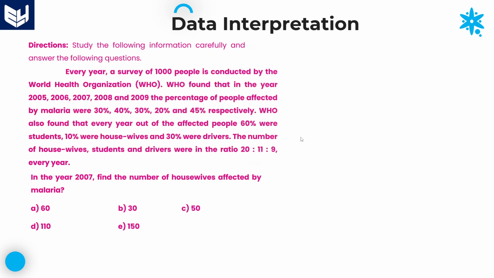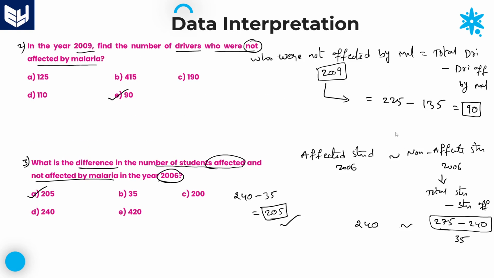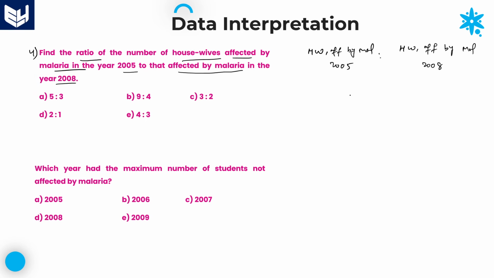Once go back to the previous slide. Here 2005 housewives who are affected by malaria, 30. In 2008 housewives who are affected by malaria, 20. 30 and 20, that ratio you need to calculate. Therefore, the required ratio is obviously 3:2.